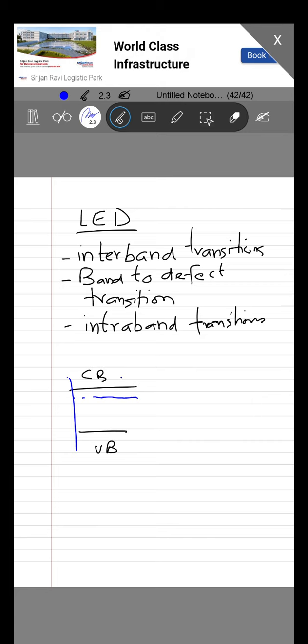Then there is a defect lying close to the valence band, so from the band it can go to a defect instead of going to the valence band. So this is a sort of transition that can occur in LED. And lastly, the transition can occur inside the band itself. Okay, so this is called intraband transitions.